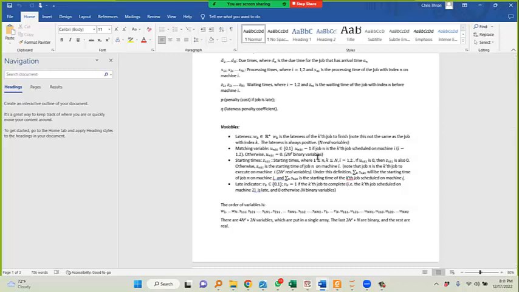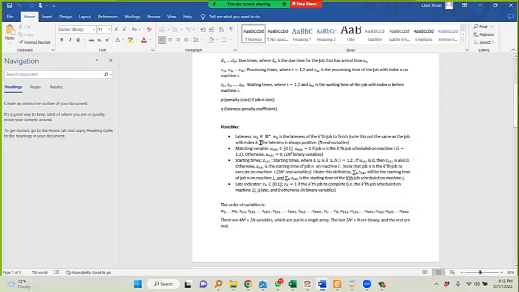And then you have S, starting times. It doesn't say how many variables. Oh no, yes, it did, 2n squared. And then the late indicator, there's n variables.